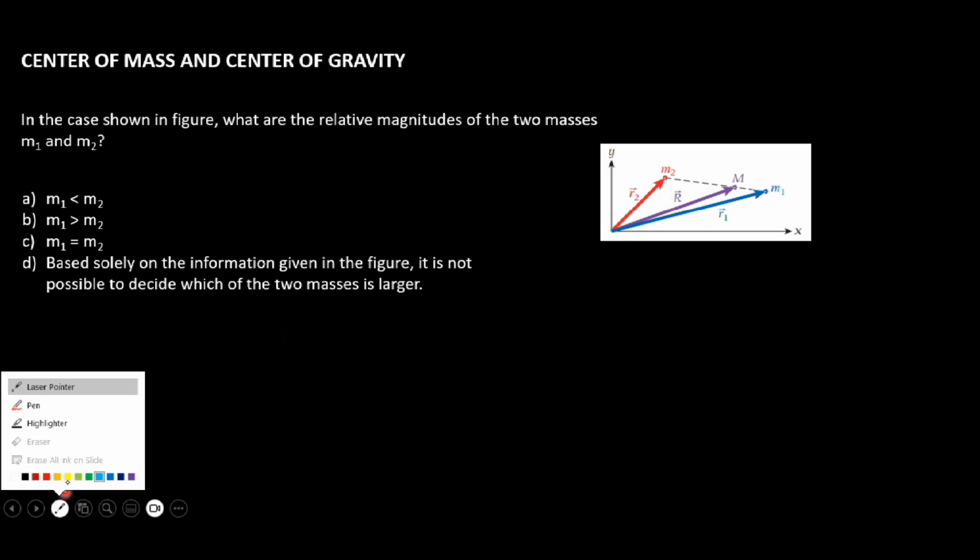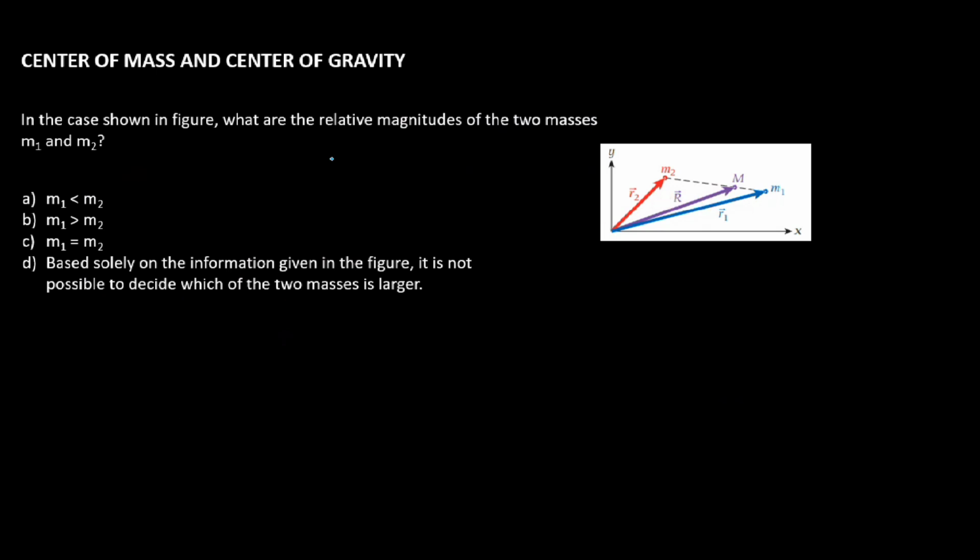So we can write m1 is greater than m2. And this is the second option. So the second option is the correct answer. If the center of mass was closer to m2, then m2 would have been greater than m1. And if it was at the center, midway between the two masses, then the two masses would have been equal.